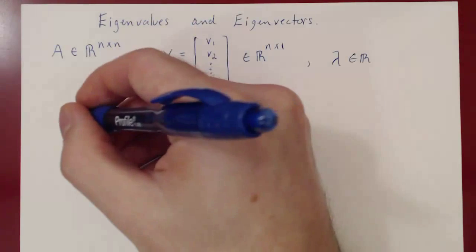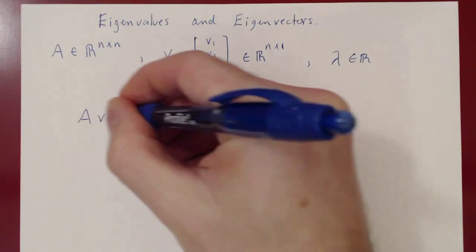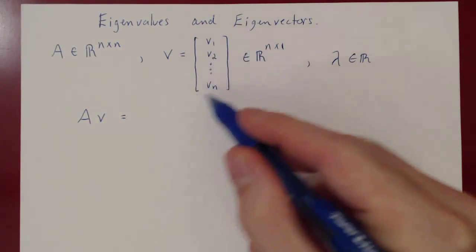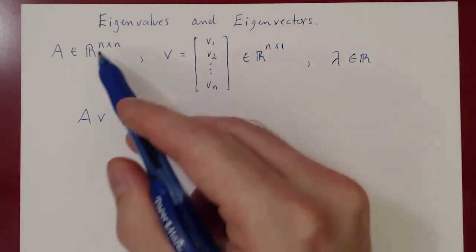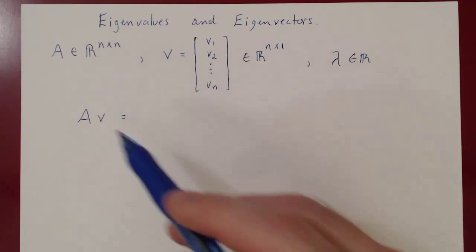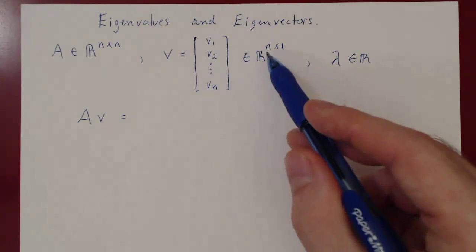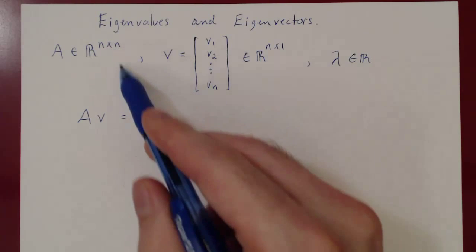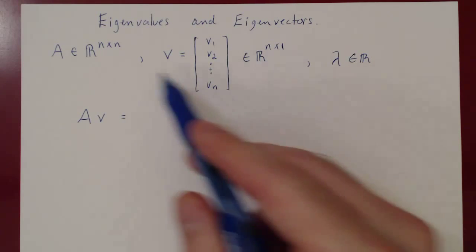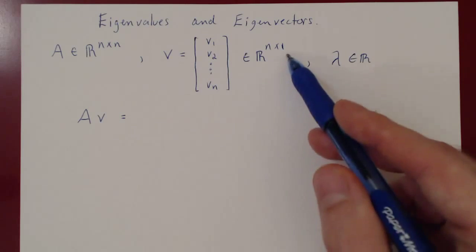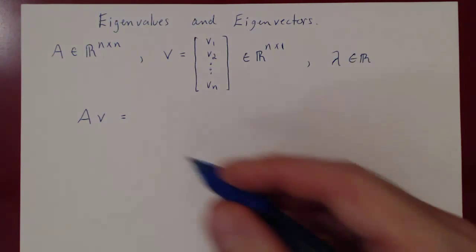Suppose that A times V. So we multiply this vector by the matrix A. Because A is an n by n matrix, and the vector is an n by 1 matrix, A times V is defined, and the result will also be an n by 1 column vector.